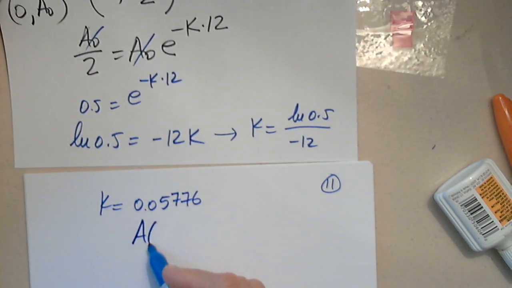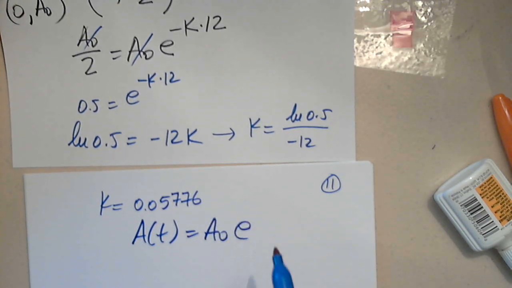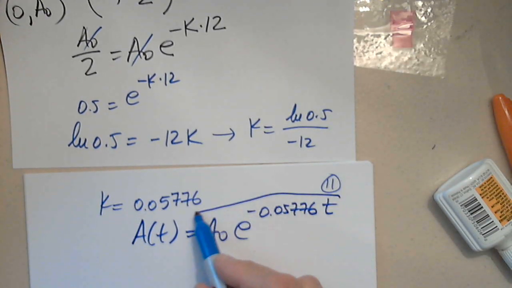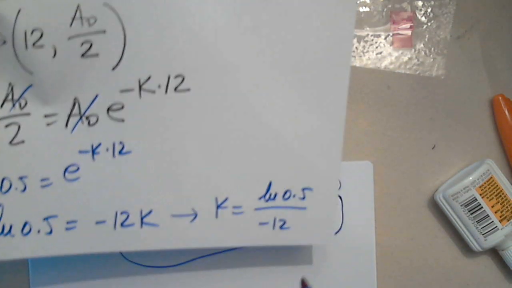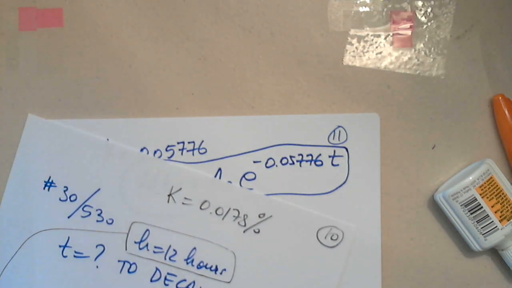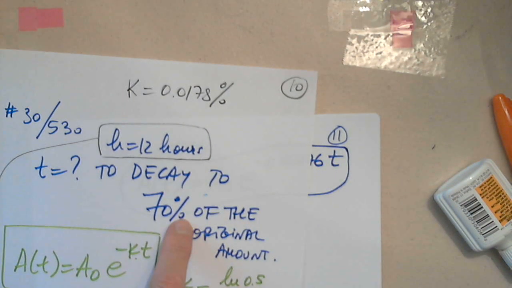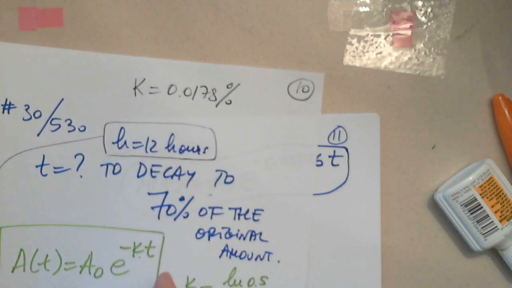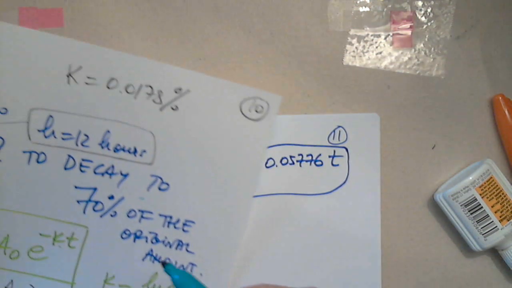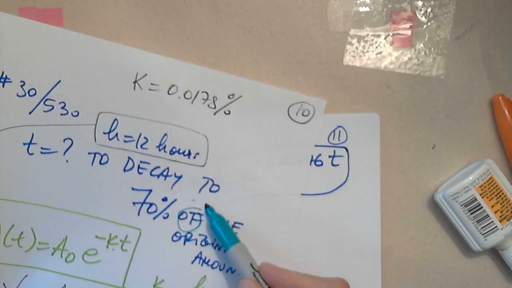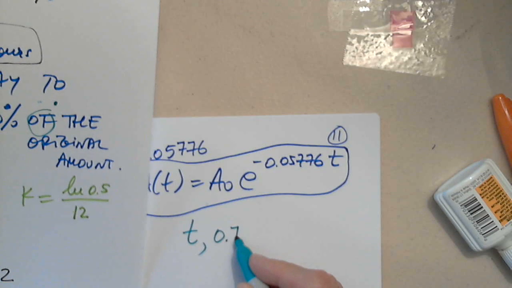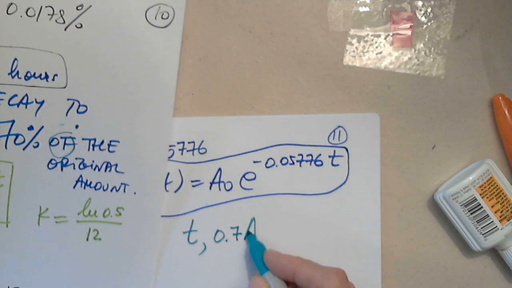So we have the model. A of t equals a0 times e to negative 0.05776 t. So we found the model, so we can answer the question. Now, the 70% of the original amount is another point, for which we do not have t. T, comma, 70% of is multiplication, so it's 0.7 times a0.